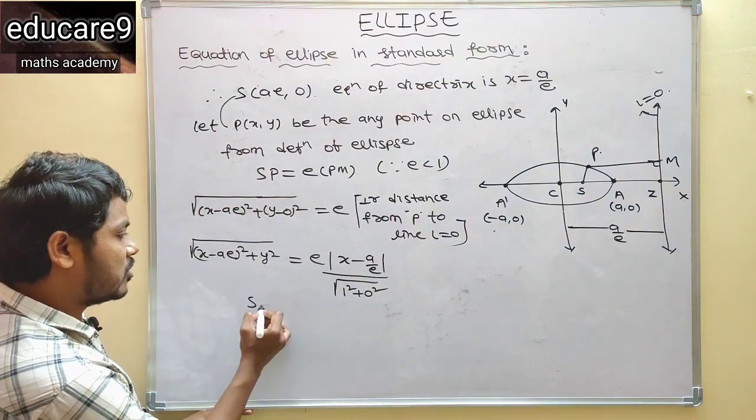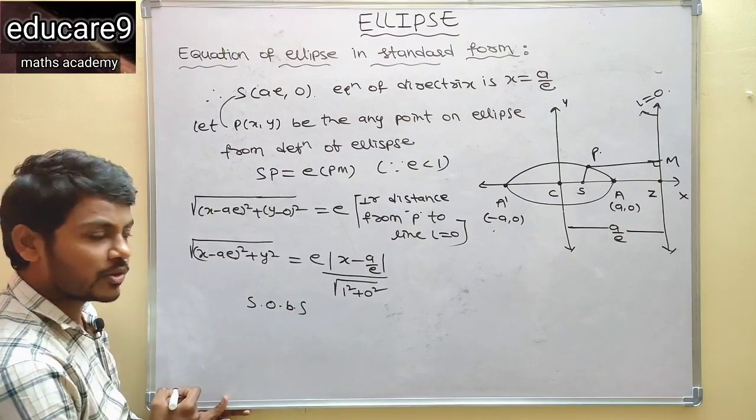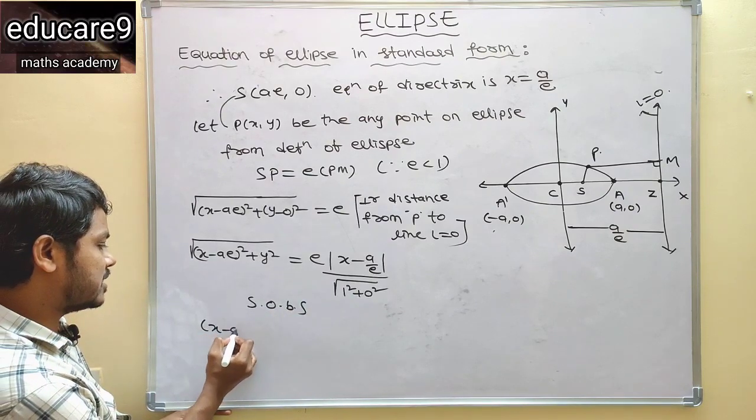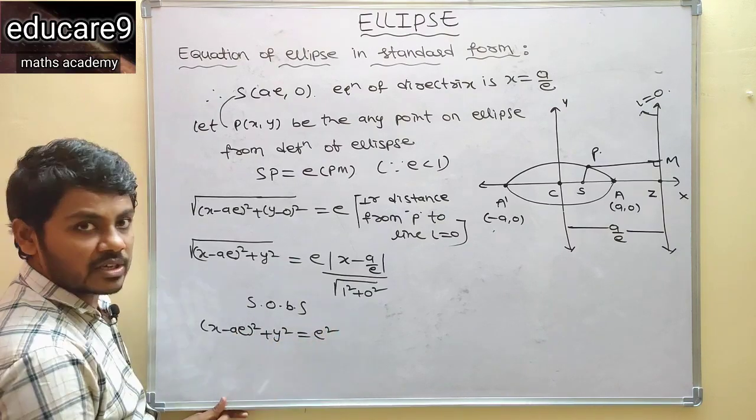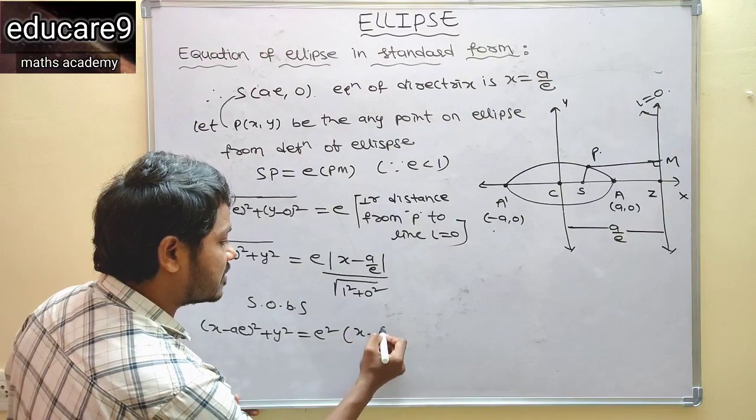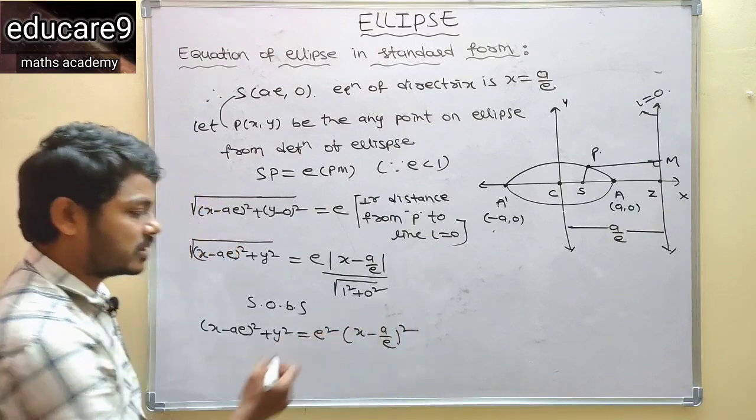Now squaring on both sides. So what you get? (x minus ae) whole square plus y square is equal to e square into (x minus a by e) whole square.